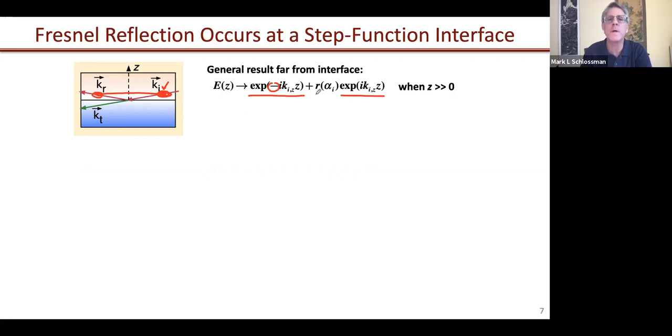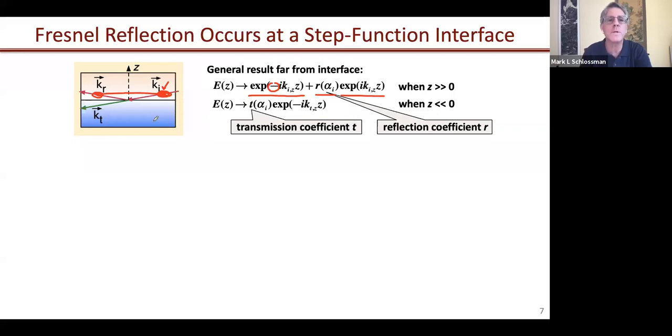But we also have this coefficient that just says that whatever's in the reflected wave has a different amplitude than the incident wave. And that's referred to as the reflection coefficient R that I mentioned a moment ago. A similar sort of result occurs for the transmitted wave. That is, if you're down here, there's a wave passing through.